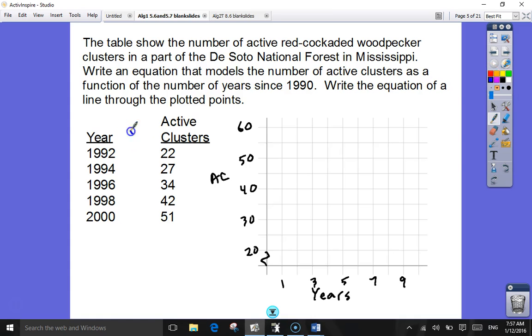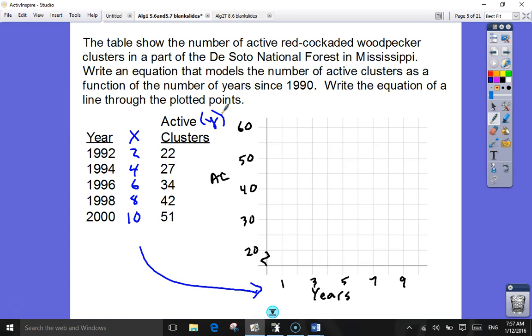So you have to say, my x value, I'm going to make that into 2, and then 4, and 6, and 8, and 10. That's why I have that scale and not 1992 and 1994. These are the y values right here, the active clusters.